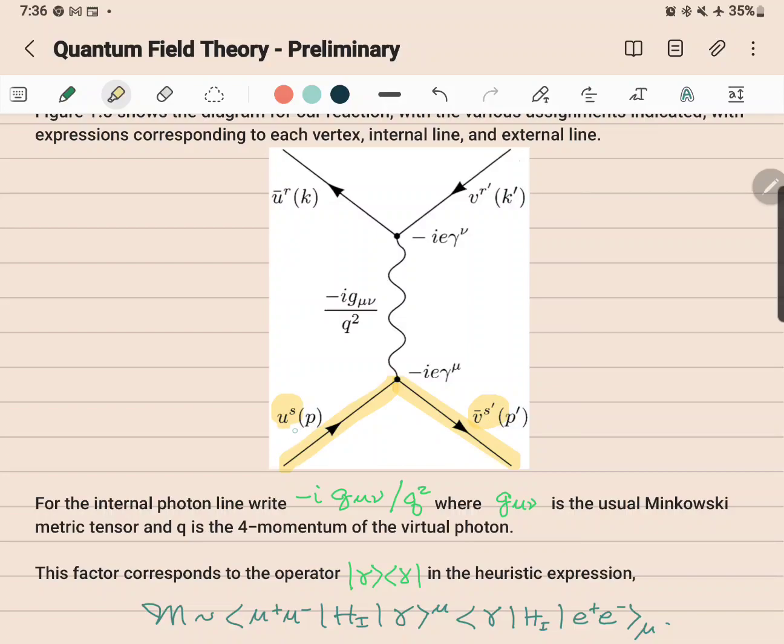The outgoing particle is represented by U bar with spin r and momentum k, and the outgoing antiparticle is represented by V with spin r prime and momentum k prime. So if it's an outgoing particle, it's with a bar. If it's an outgoing antiparticle, it's without the bar.